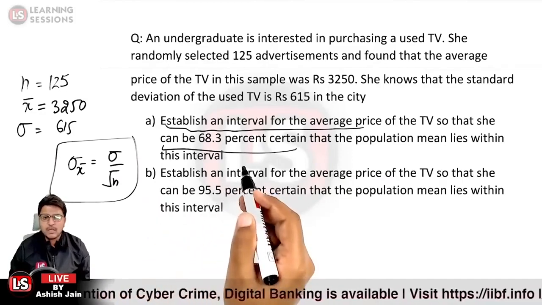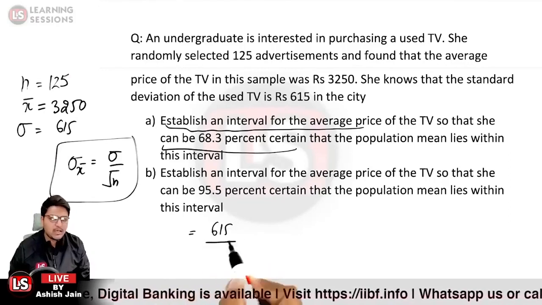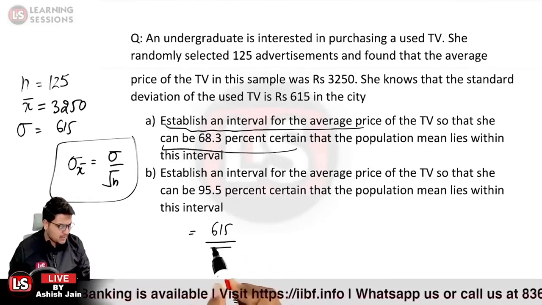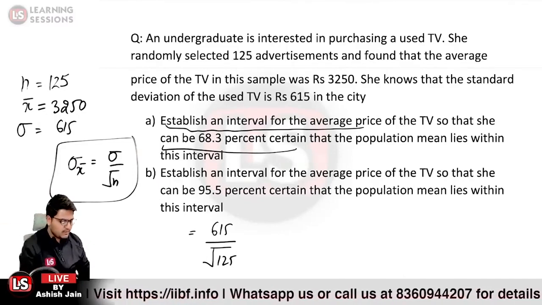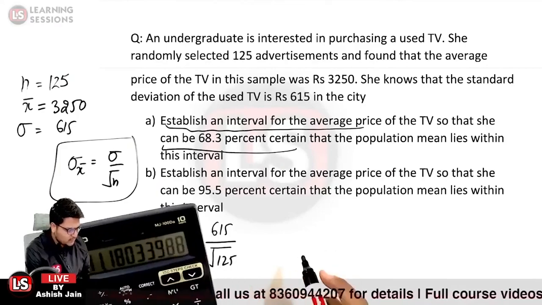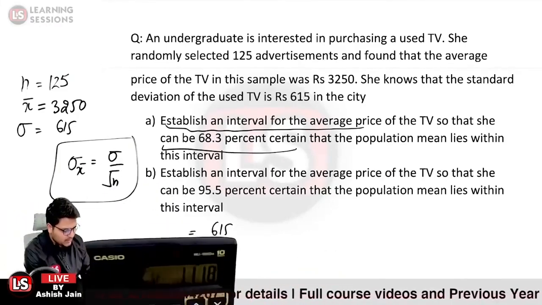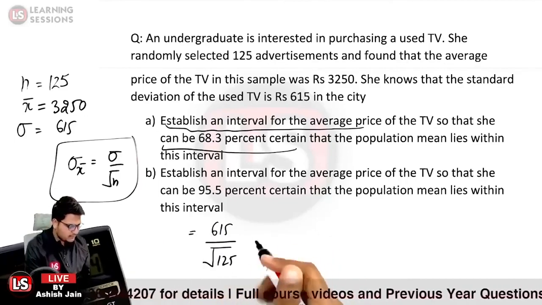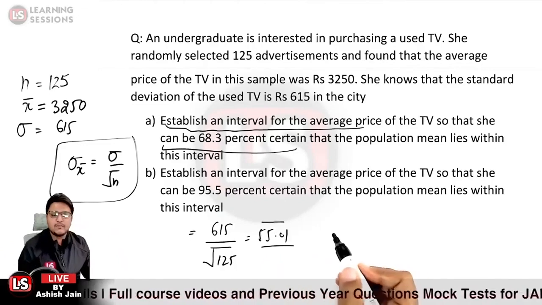So over here sigma is equal to 615, and n is equal to 125. That's quite simple to solve. The square root of 125 is equal to 11.18, and 615 divided by 11.18 comes out to be 55.01.